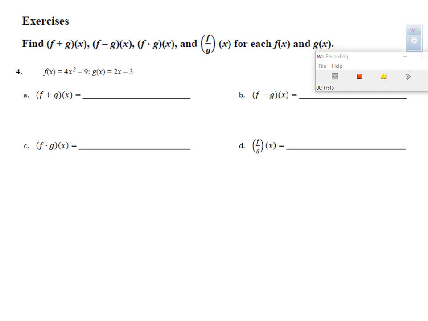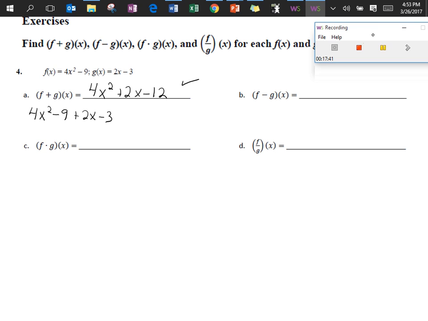So here's number 4. F of x plus g of x. I'm going to have 4x squared minus 9 plus 2x minus 3. Combine your like terms and get 4x squared plus 2x minus 12. Stop. Do not try to factor that. Do not work with it or anything, because we're done.